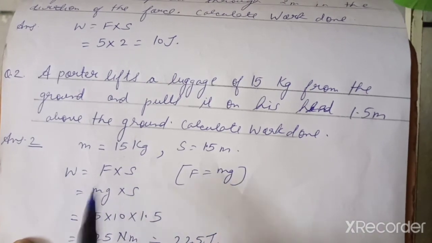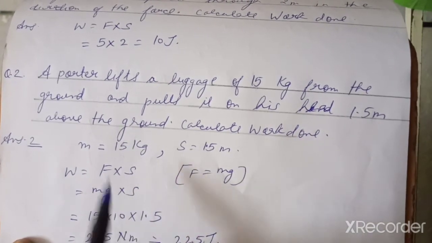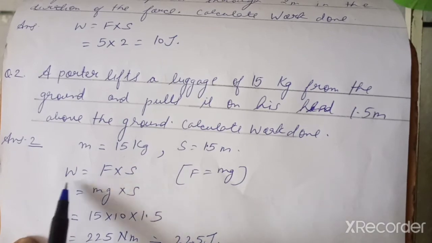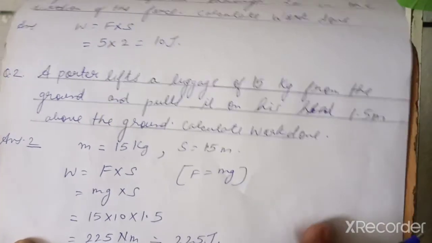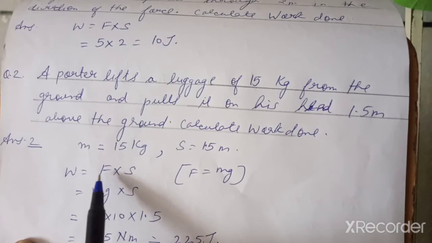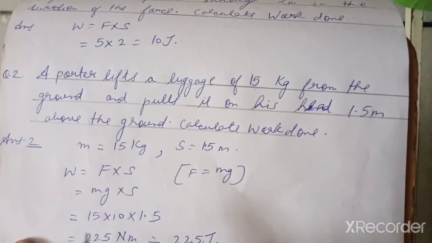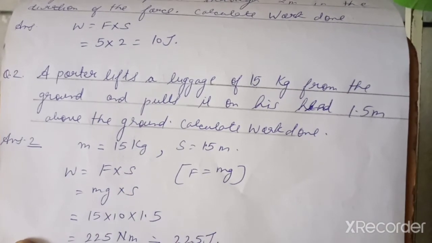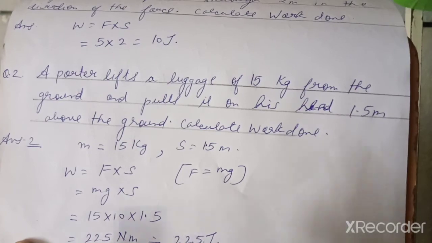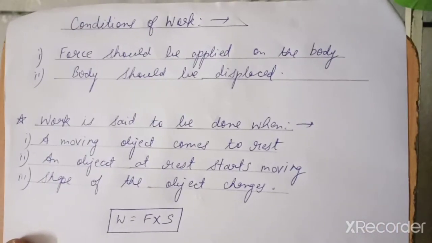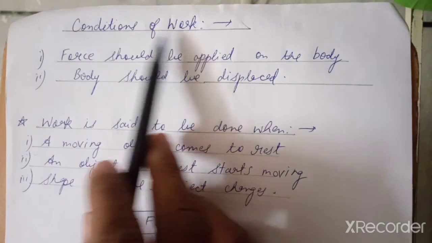Both numericals are based on the relationship W equal to F into S. If F is not directly given, you can calculate it by multiplying the mass and the gravitational acceleration.